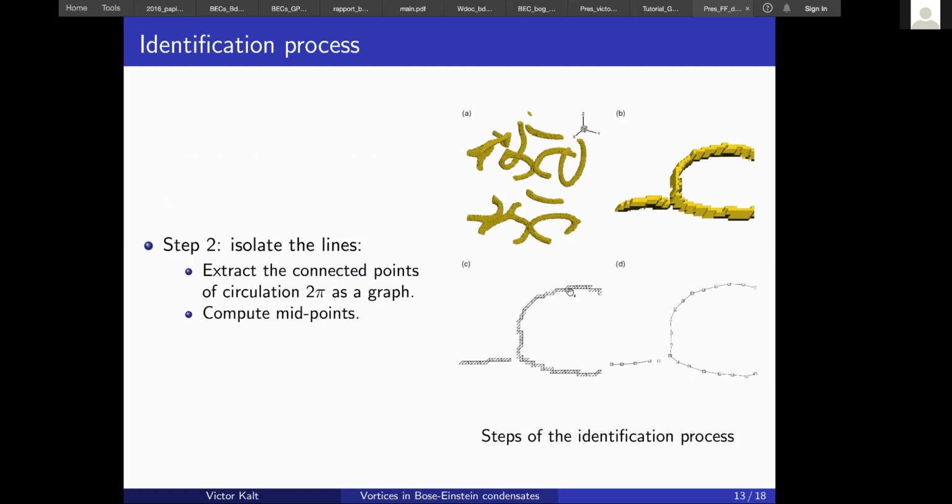So we consider this as a graph, and we compute midpoints, which are represented by squares here. Those midpoints are connected based on the connectivity information from this graph. Here we have two non-connected subgraphs, which means two non-connected vortex lines. So once we have those midpoints, we can link them using the connectivity from this graph.